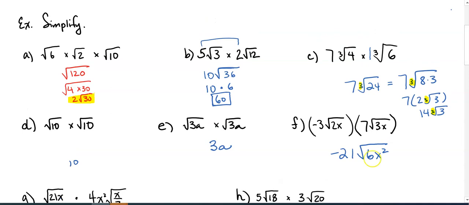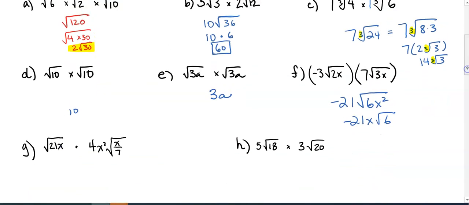Well, 6 can't be simplified, but x squared can, because any even power is a perfect square, right? X squared, the square root is x. So it becomes x on the outside of the root, but the 6 stays on the inside. Okay, let's try a few more. Again, fractions. So 4x squared times 1 just becomes 4x squared.